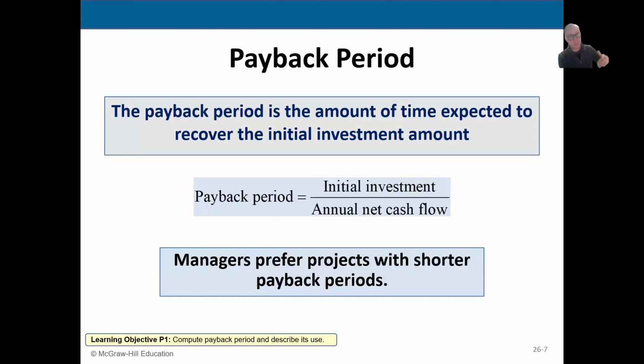Cash coming in minus cash going out equals the net cash flow. So, initial investment divided by that annual net cash flow equals the payback period. This tells you how many years it is going to take for me to regain the initial investment amount.